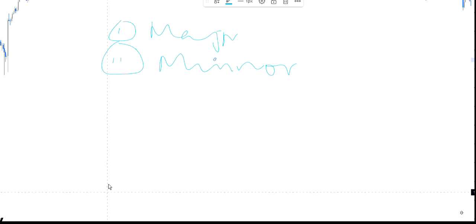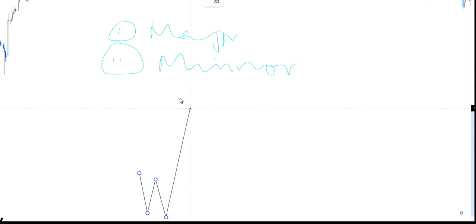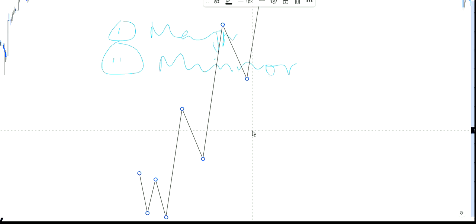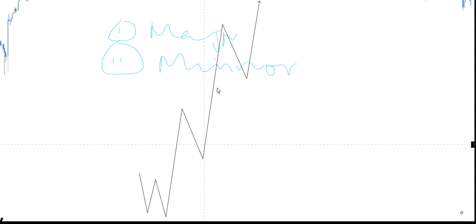Maybe you will have a structure here: this is the impulse, then a correction, then impulse, then correction, then impulse. It means this is level 1, this is level 2, then this is level 3. And this one is what we call the major levels.